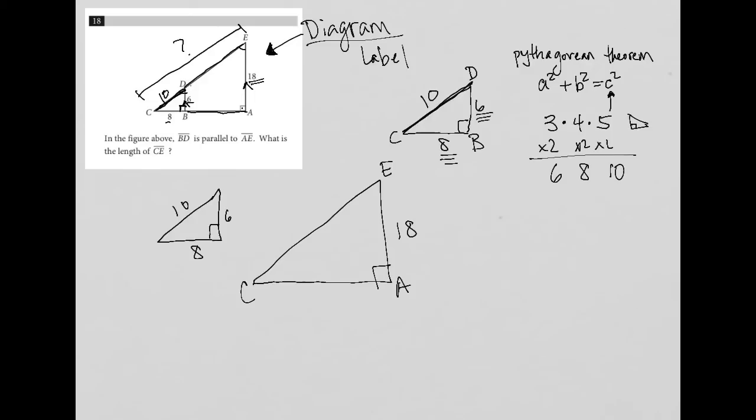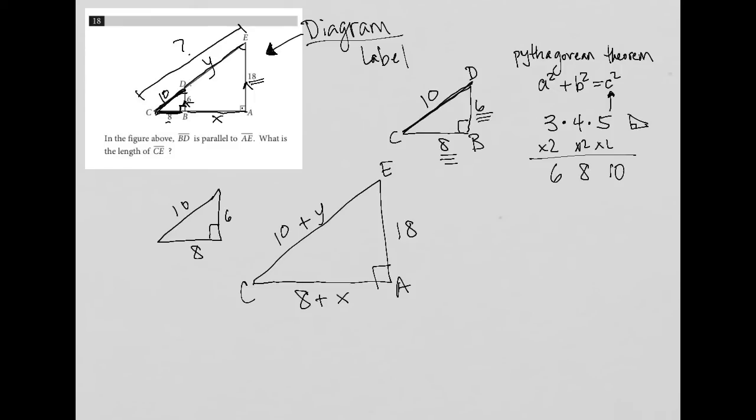And technically, CA would be 8 plus x, let's call it, because I know this part is 8, so let's call that part x. And I know that CE is technically 10 plus y, because I know this part is 10, and this missing part here is y.